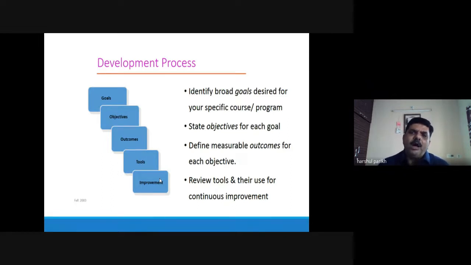Decide measurable outcomes and define the outcome for each objective. After analyzing them, review the tools of assessment, review the tools of pedagogy, and improve them. So this is the development process in teaching-learning.